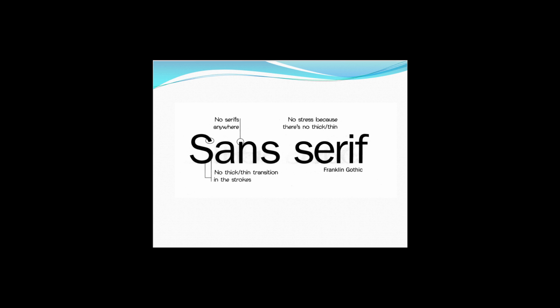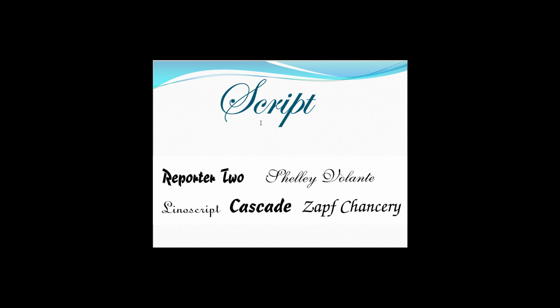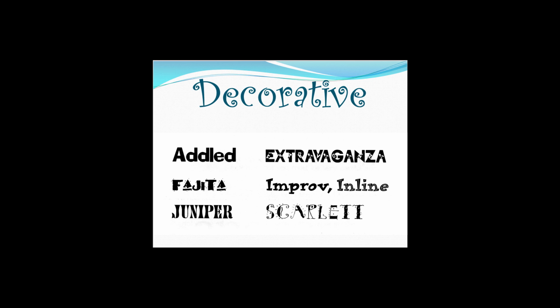And like we said, scripts are easy to spot because they're hand lettered, like Reporter 2, Shelley Volante, Linoscript, Cascade, Zapf Chancery, and the last one is decorative. All the funky fonts fit in decorative. Addled, Extravaganza, Inline, Improv, Fajita, Juniper, Scarlet.